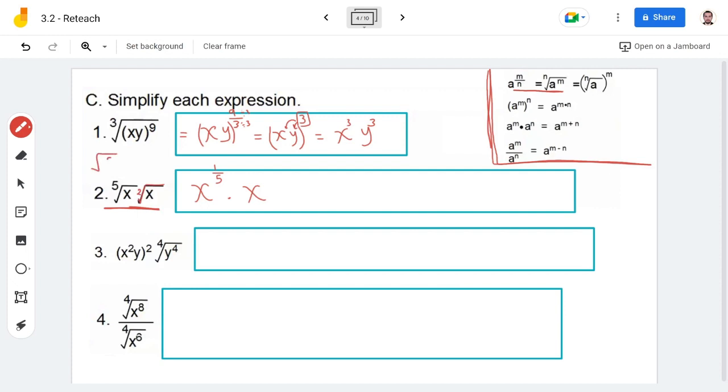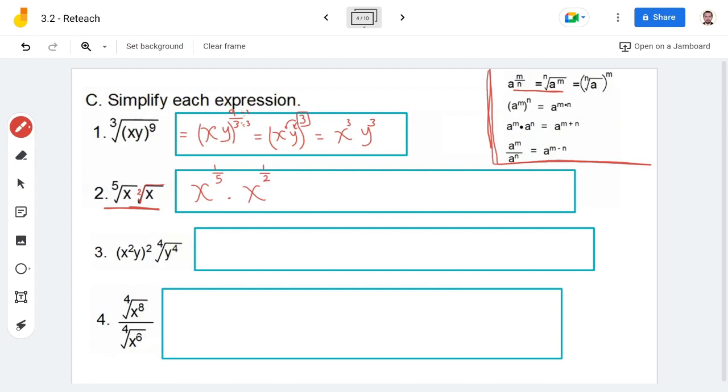So when we have a square root of 6, what is the index? It's 2. What's the index of, let's say, the square root of 6x here? It's 2. When we don't write it, it's always equal to 2. So now this one is x to the power of 1 over 2.